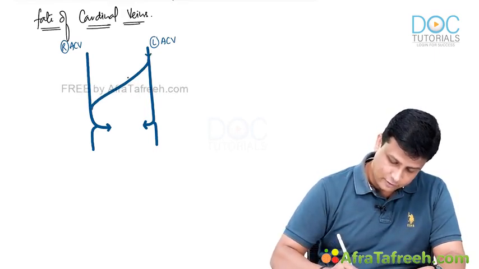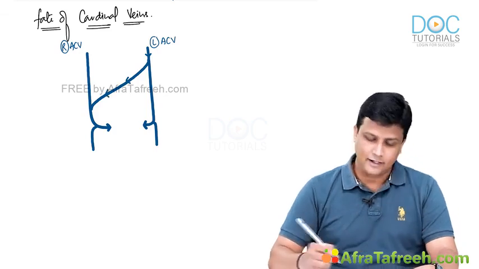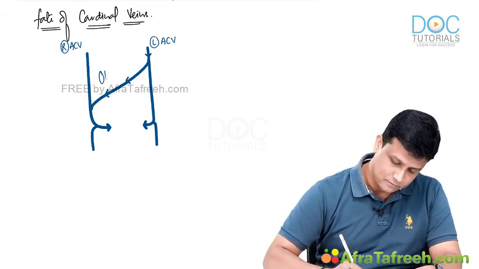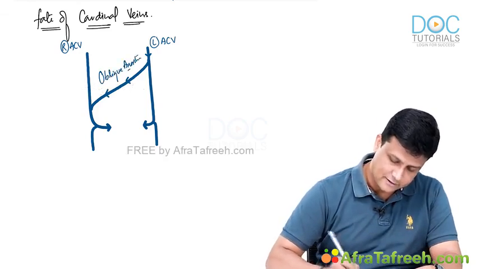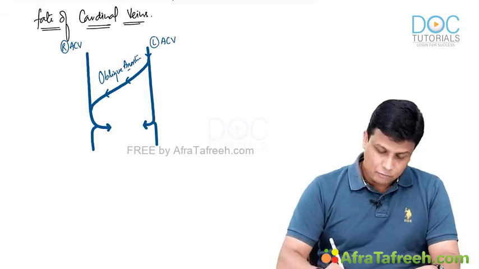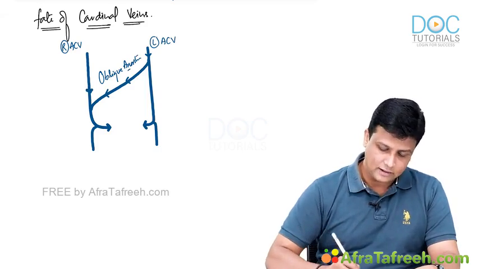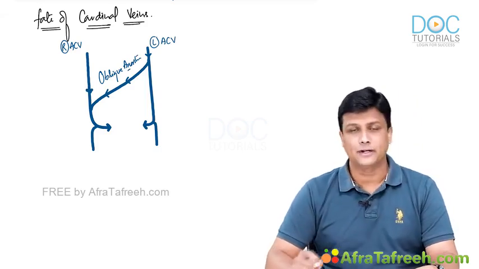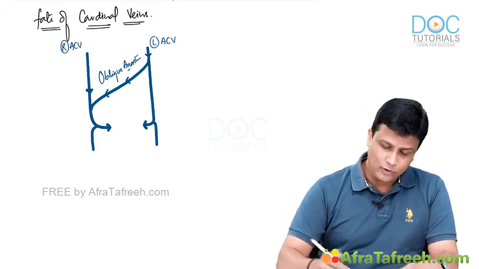And that is done with the help of a vein or anastomosis in the middle, and that will be your oblique anastomosis. So there will be oblique anastomosis formed in the middle, guys. Therefore, from both the right side as well as the left side, the blood will be collected and drained into the superior vena cava. That's the concept here.